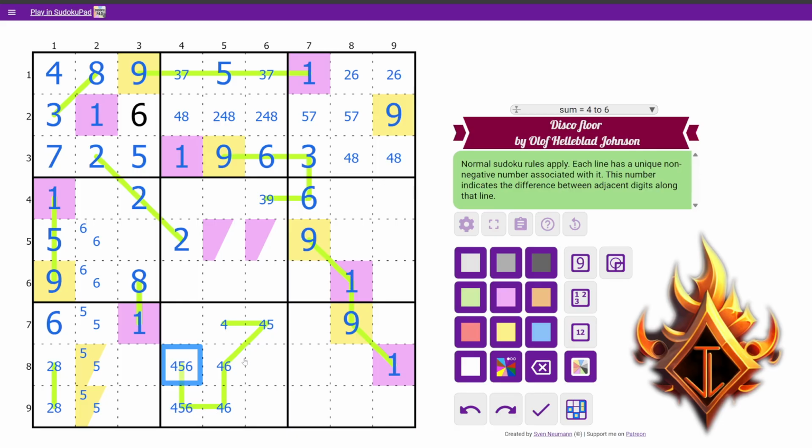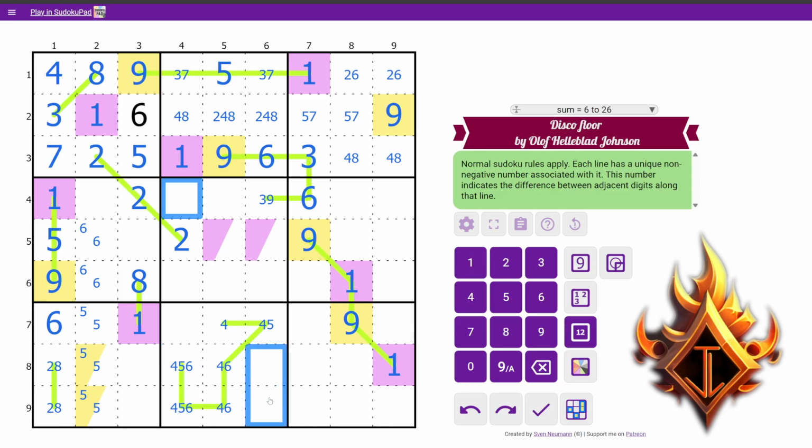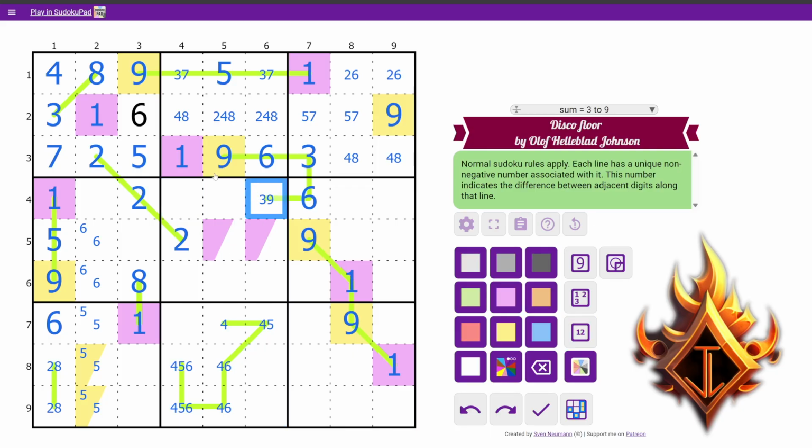That would work. I guess it could also work if it was here though. It'd be over there. So that could definitely still be 3, is what I'm getting at. Either way works so far.